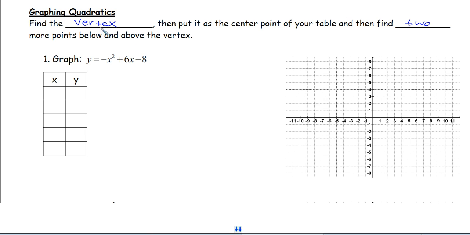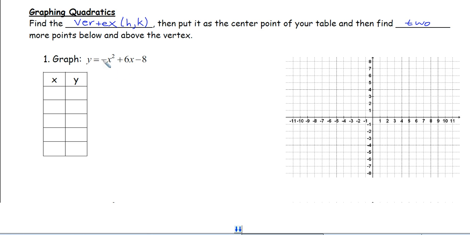So you could find the entire vertex, or you could just find the x value. Usually it's easier, I find, just to set up all the x's first and then plug in to get your y values. So we can either find the x value of the vertex or find the vertex itself. I'm going to keep writing h k just so we get used to seeing it.